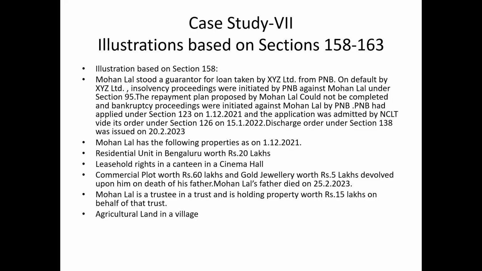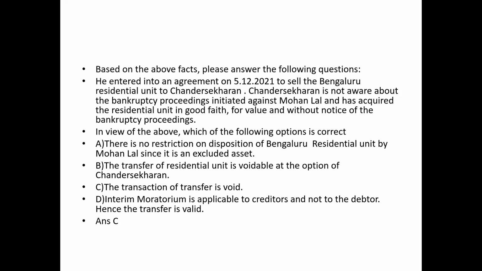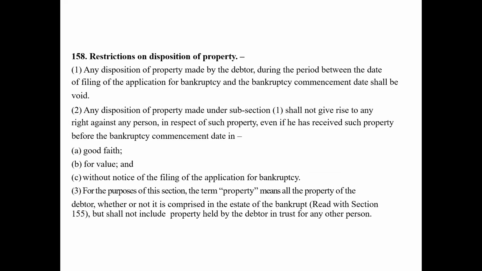And what is the date of transfer of this property? 5th December, sir. So it falls between these two dates. Yeah, it's void. ठीक है ना? So it is void. So, sir, the transaction of transfer is void. Right. So what I have done is I have reproduced this section here also for the sake of your ease. है ना? कि भाई आपको अलग से नहीं पढ़ना पड़ेगा.